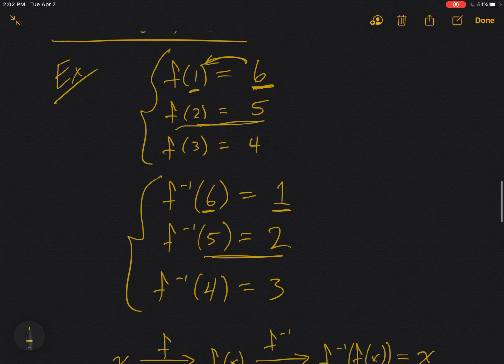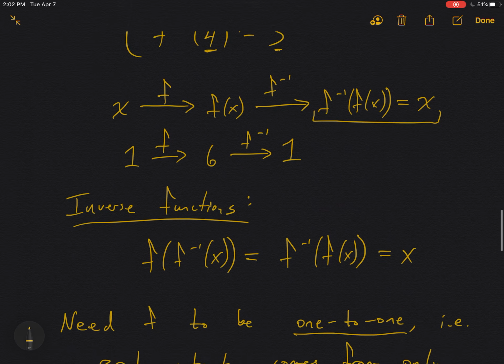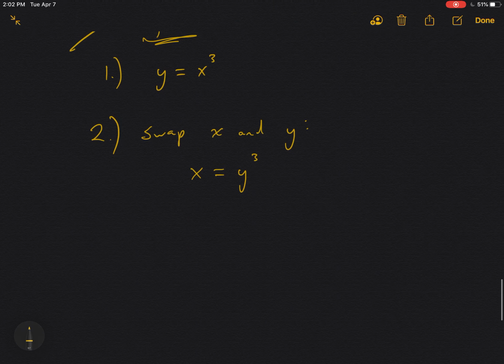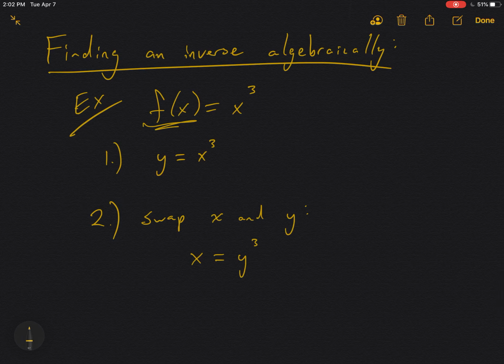So 2 goes to 5 will become a 5 going to a 2. And similarly, an input of 3 going to an output of 4 would correspond to, for the inverse, an input of 4 going to an output of 3. So this inverse function is just going to be taking the original roles of x and y and swapping them.